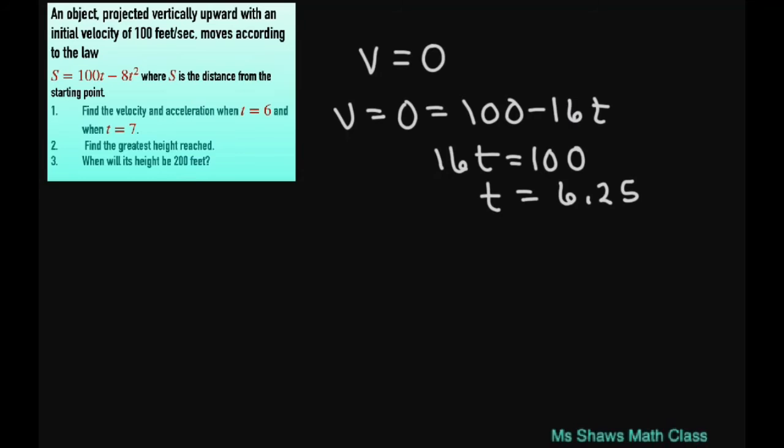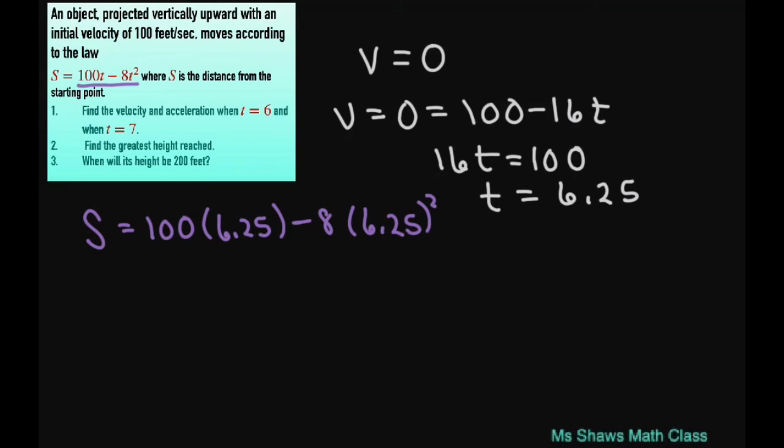Now, at this time, your s equals 100 times 6.25 minus 8 times 6.25 squared.